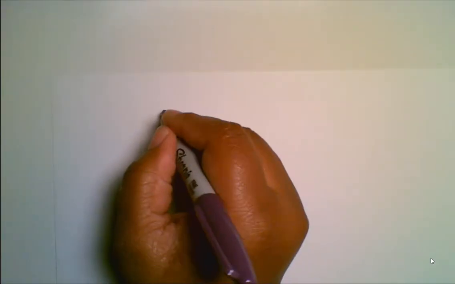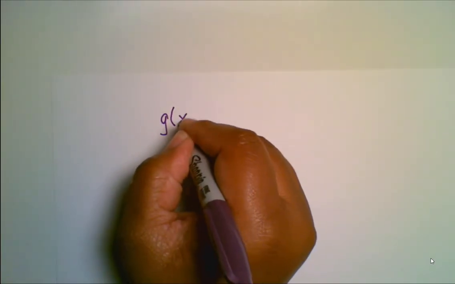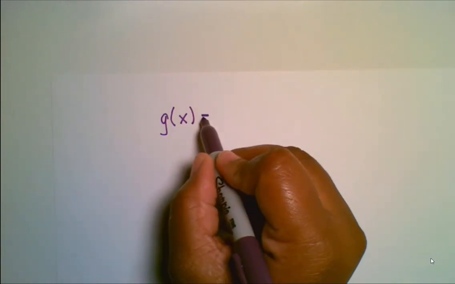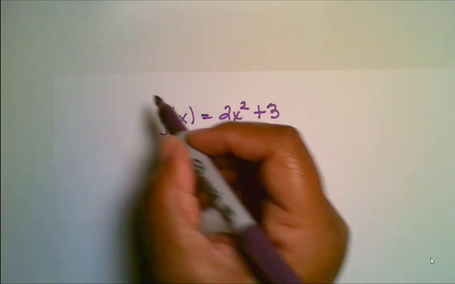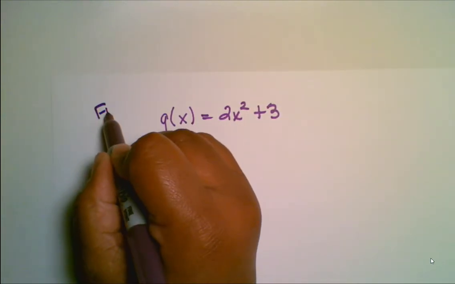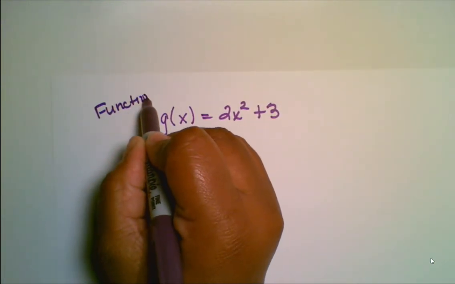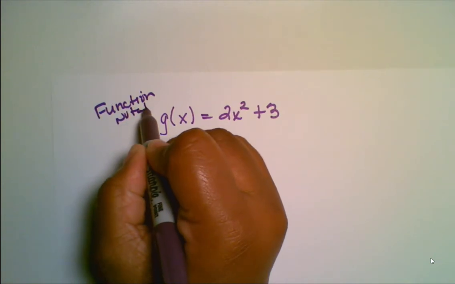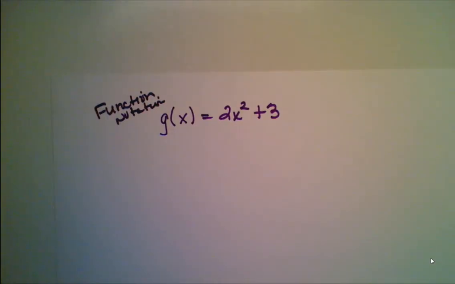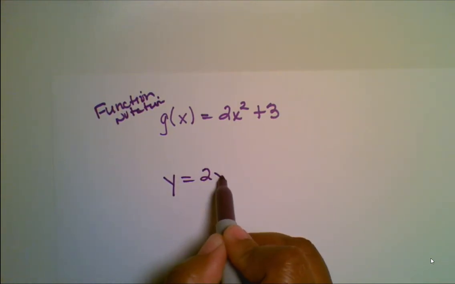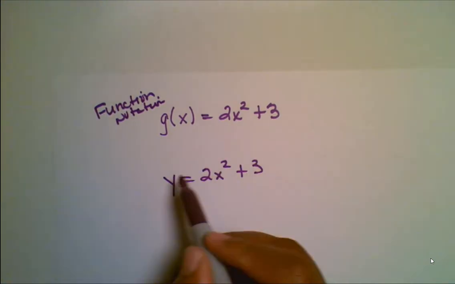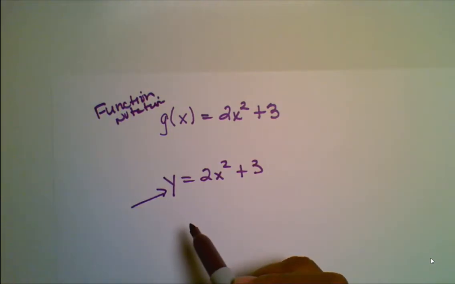Let's just talk about this for a second. Here you have a function called g of x is equal to 2x squared plus 3. This is what we call function notation. Now, if I said y is equal to 2x squared plus 3, then we just have an equation solved for y.